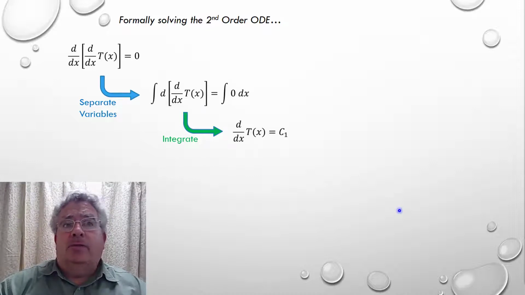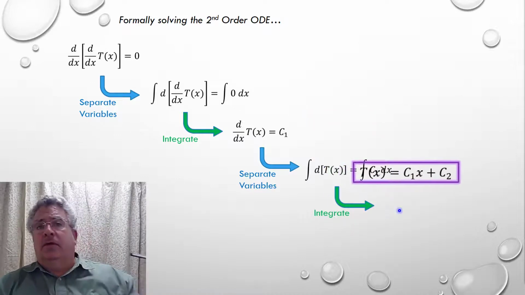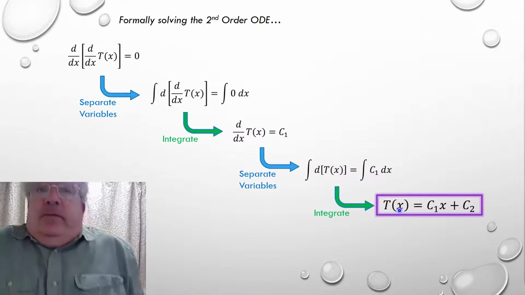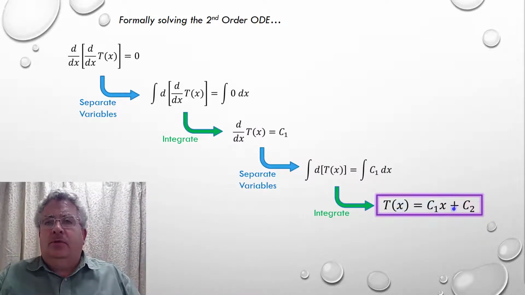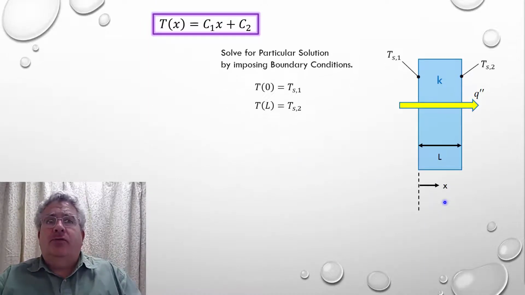The right-hand side is 0, so integrating 0 gives me a constant. Then we separate our variables once again and integrate once again, and we end up with our solution: T(x), the temperature as a function of x, is equal to this unknown constant C1 times x plus C2.